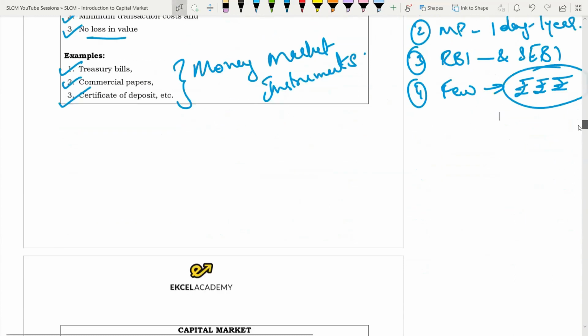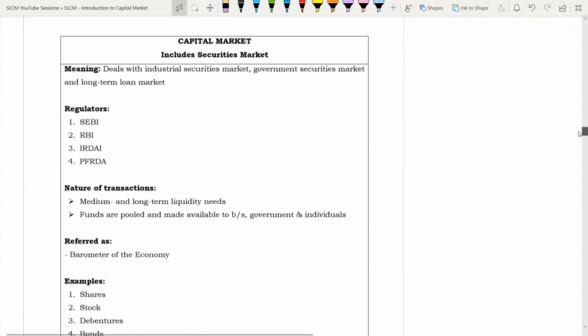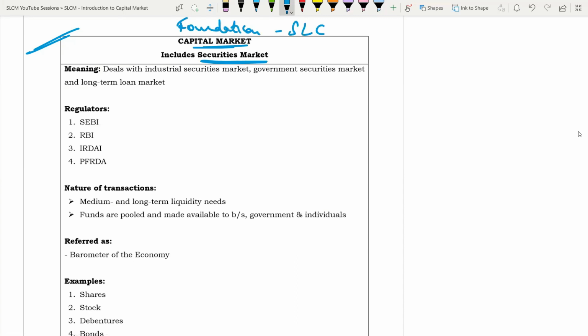Moving to the focus area of our subject, the capital market. Our entire subject, SLCM, is based on this particular market, the capital market, which includes the securities market. So from here our focus should increase, because this is the basic foundation for our entire subject, that is securities laws and capital market.